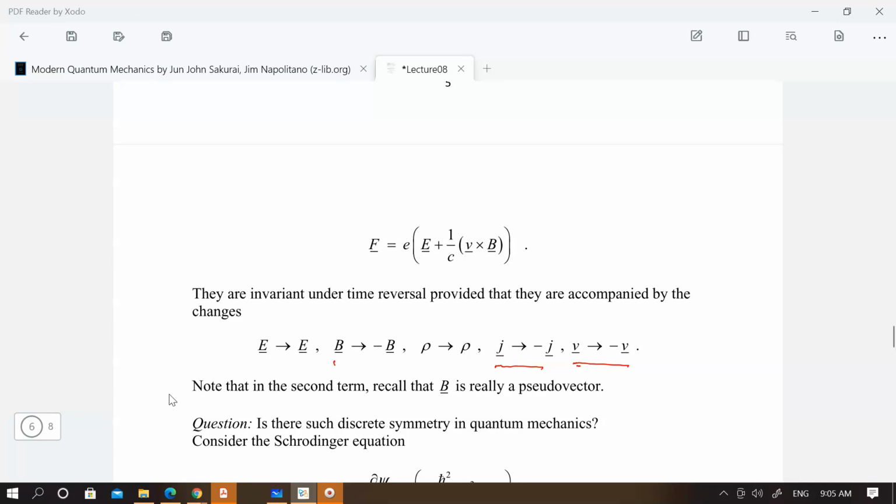The one that gives you a slight difference is the fact that your magnetic field, along with the time reversal, should change to a negative B. Okay, this is essentially because your B is really a pseudo vector.